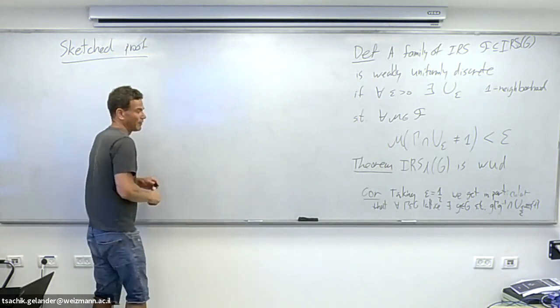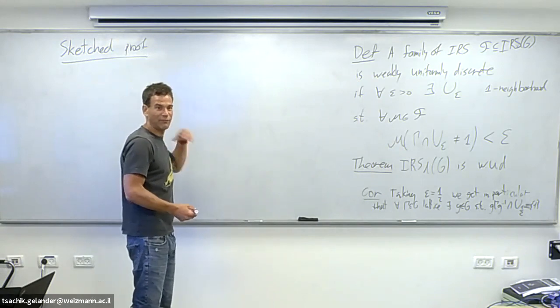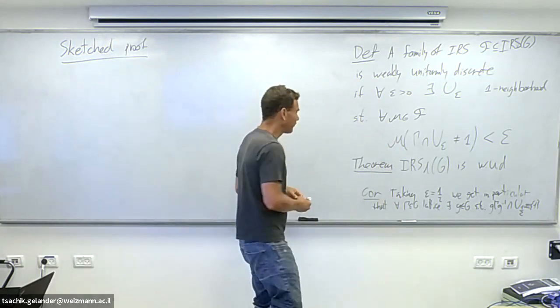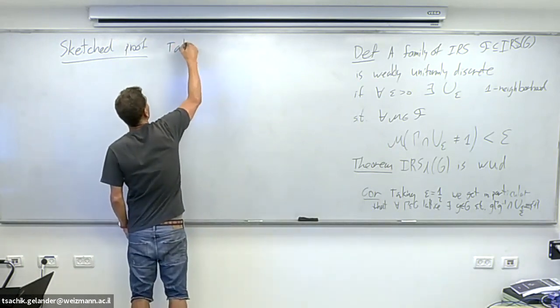The proof itself is hard to sketch. It's only 5 lines, but the sketch proof, okay. So take some epsilon.